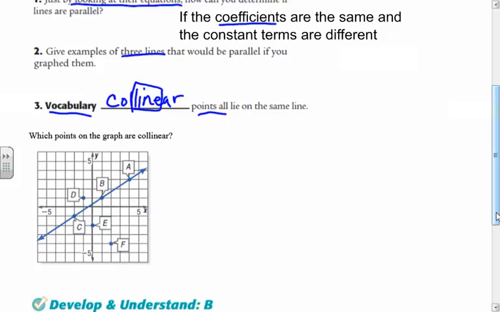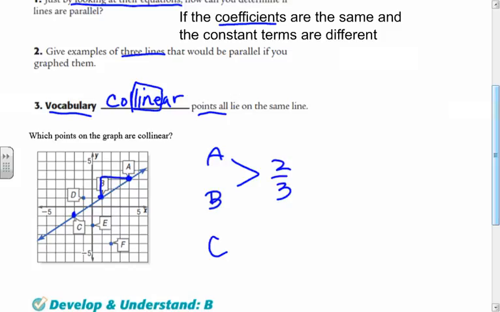So basically what they're saying is, which points lie on the same line, and you'll notice that A, B, and C do. And what I'd like you to notice is that if you take the slope from A to B, rise over run, you get 2/3.